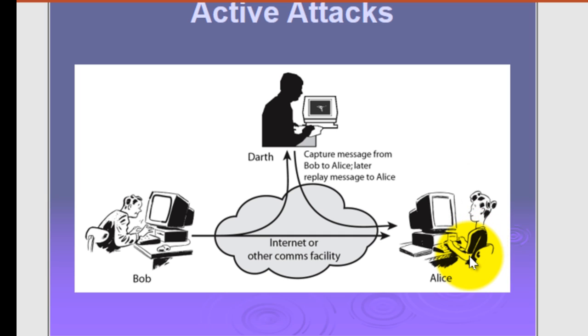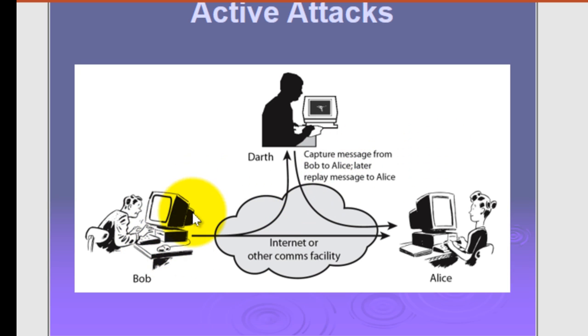The attacker can also deny the services for any user, either Bob or Alice. He can deny the services in the sense that, if Bob is frequently communicating with one server and Darth tries to deny the services of the server, he is making that server useless to Bob; he cuts the connection.